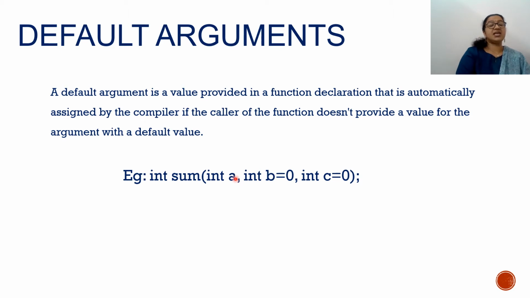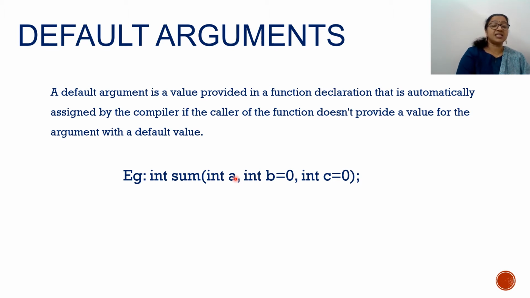Sum, three arguments are there. b is 0, same like c is also 0. So here we can call sum by passing only one argument because in a there is no default value. So one argument is compulsory and in the other two, 0 is initialized.